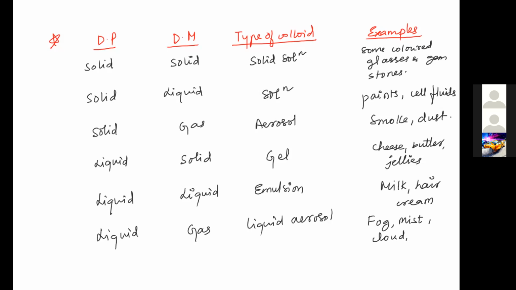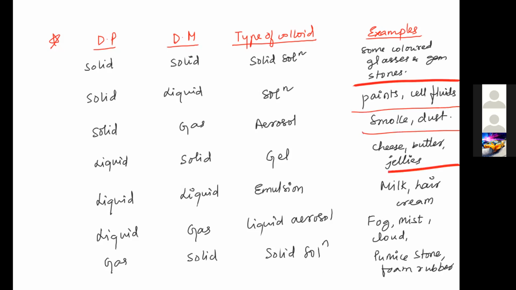If I have gas in solid, it is again called a solid sol, like pumice stone, like you rub your feet with during bath, and foam rubber. I want to differentiate to avoid confusion.